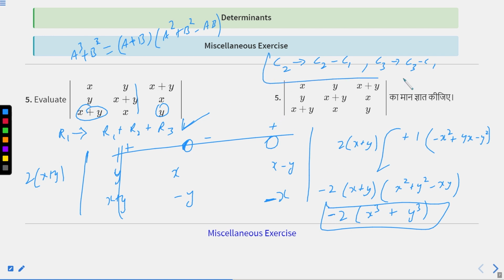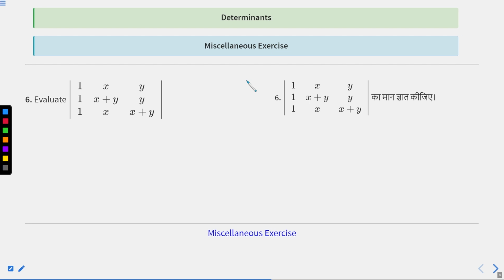So using your property, you will get the determinant correct. Now let me move to the next one. Now the sixth, the same approach we will do. We already have 1, so we will try to make zeros. Quite simple: R2 will be R2 minus R1, and R3 will be R3 minus R1.